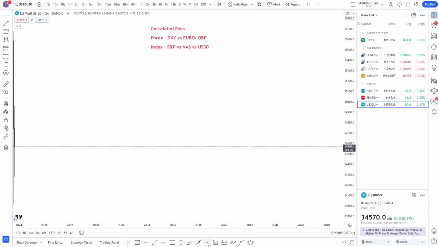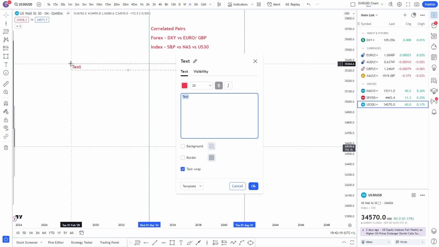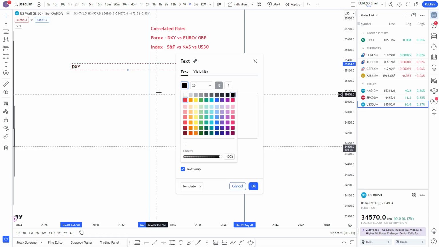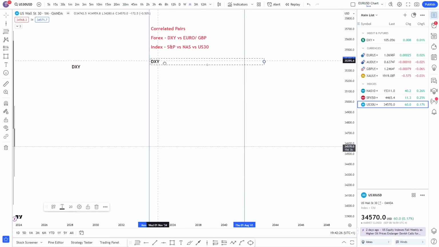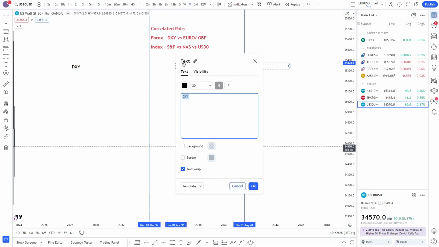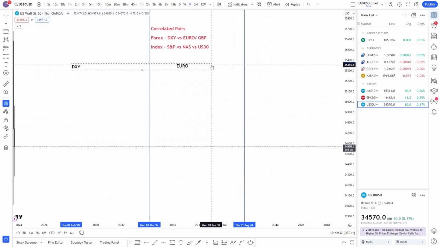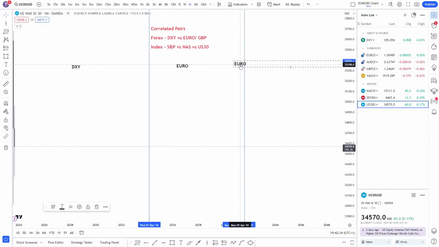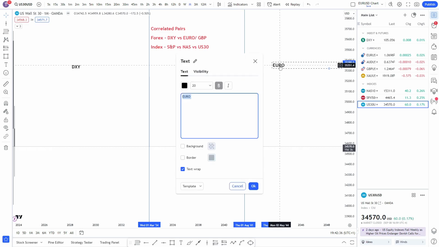Where I previously drew one line right here, I'm going to move this line across and bring another line in here. Now what I'm going to be drawing is the DXY right here. I'm going to change the color of this, just make it black, to change it up a little bit. I'm going to draw euro in here, and I'm going to draw pound in here.